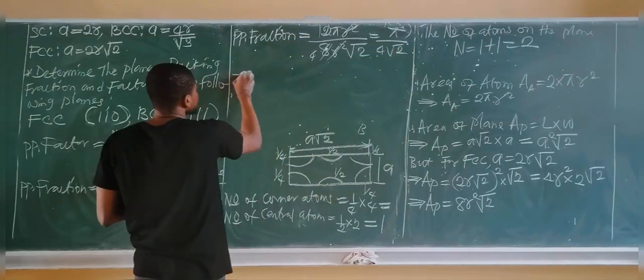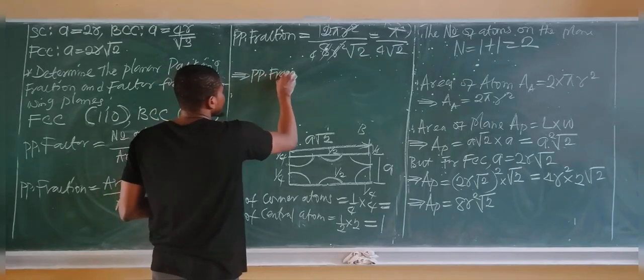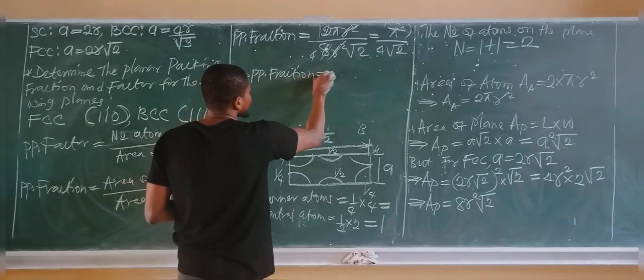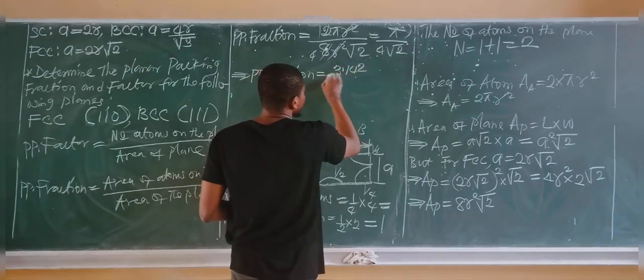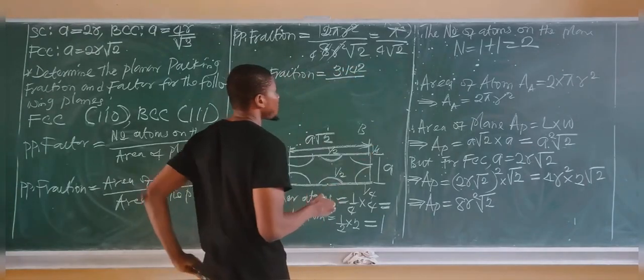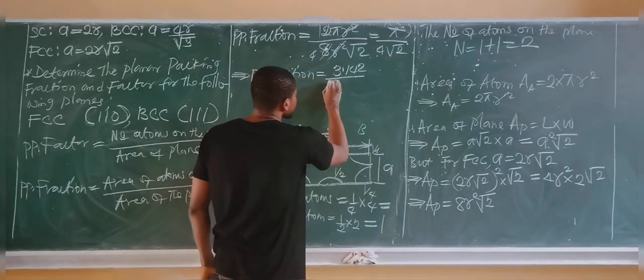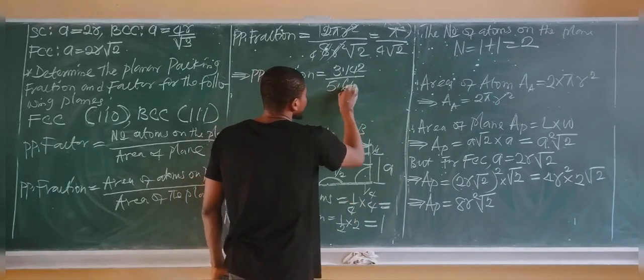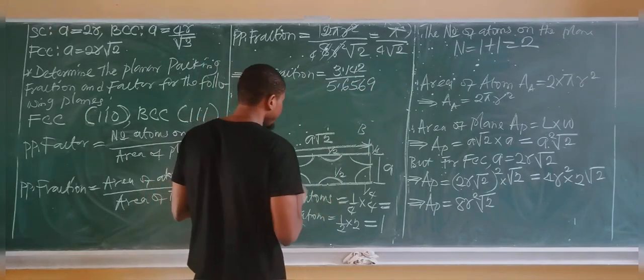Okay, so this implies that the planar packing fraction for that structure is now equal to pi, which is 3.142, all over 4 root 2. So 4 root 2 gives us 5.6569. Okay, so 3.142 divides that answer.